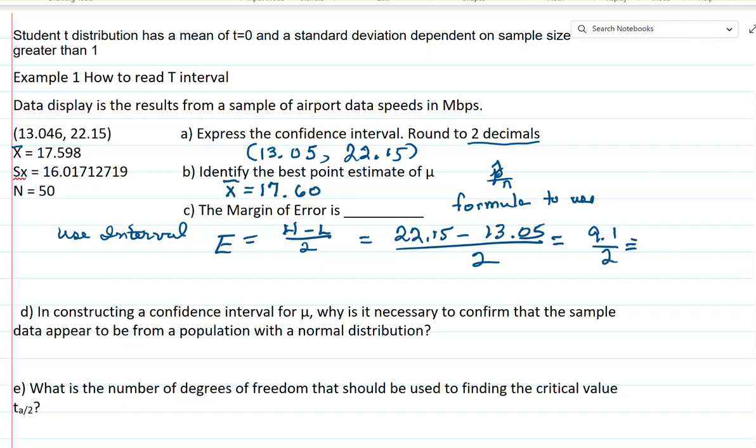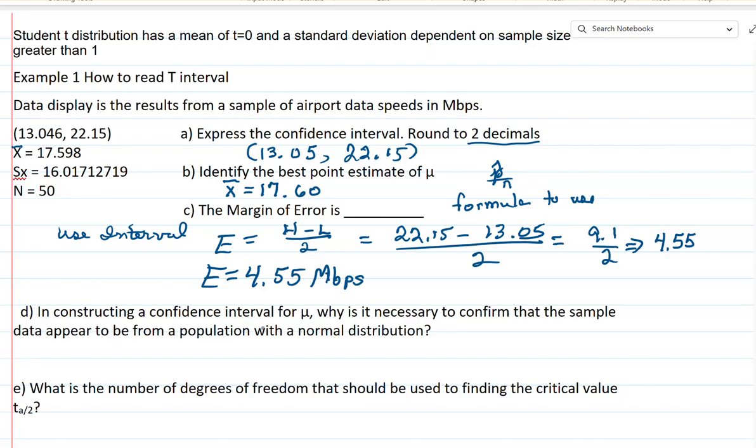Divided by 2, which gives us 4.55 is our margin of error. And we would say that our E is 4.55 Mbps, because we have to label that it is in consistency with the data speeds at the airport.